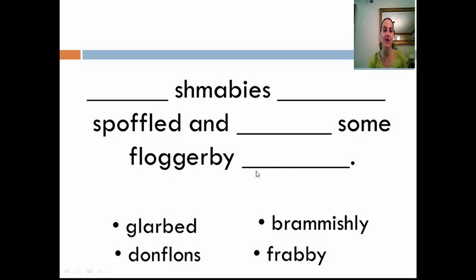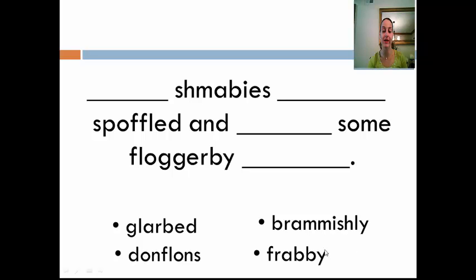And if you ask yourself, how did you know that the first slot was Frabby, the second slot was Bramishly, the third spot was glarbed, and the fourth spot was donflons? One of the reasons that helped you to place those words into the right slots, even though they're nonsense words, is partly the placement of the word, but also some of the morphology that we're using.